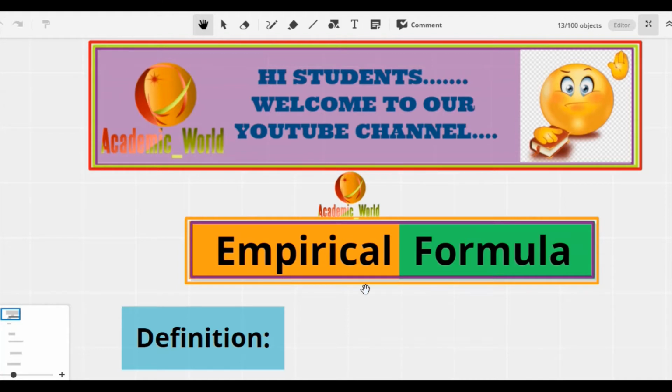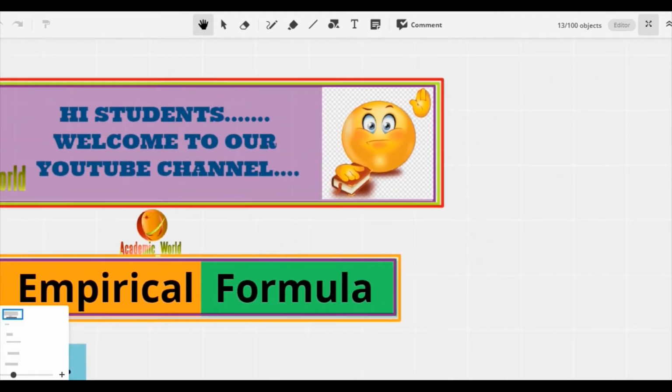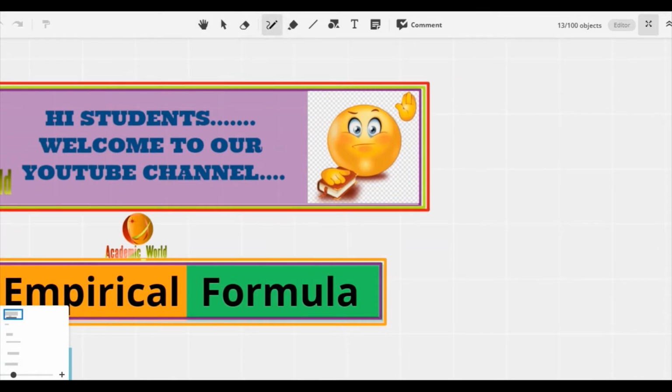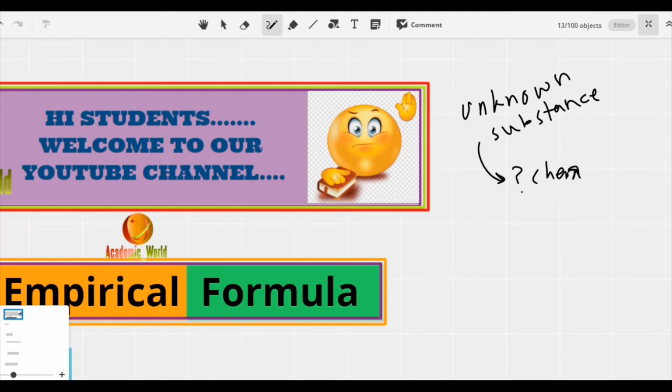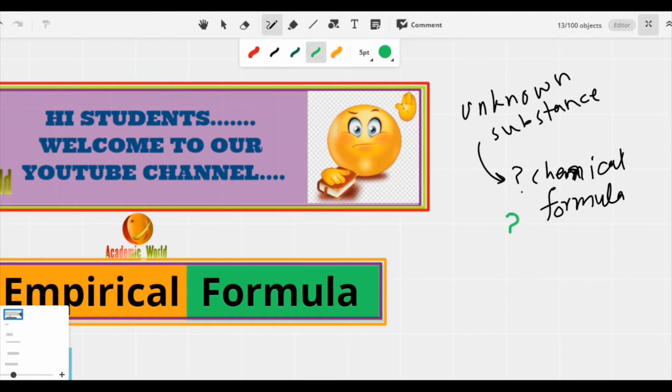Before starting this topic, first of all I will tell you, for example, if we are given an unknown substance and we want to find its chemical formula, how do we begin? The question is, how do we begin?